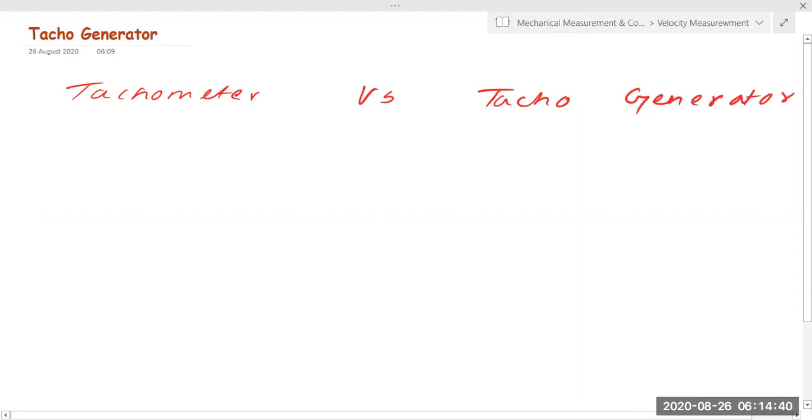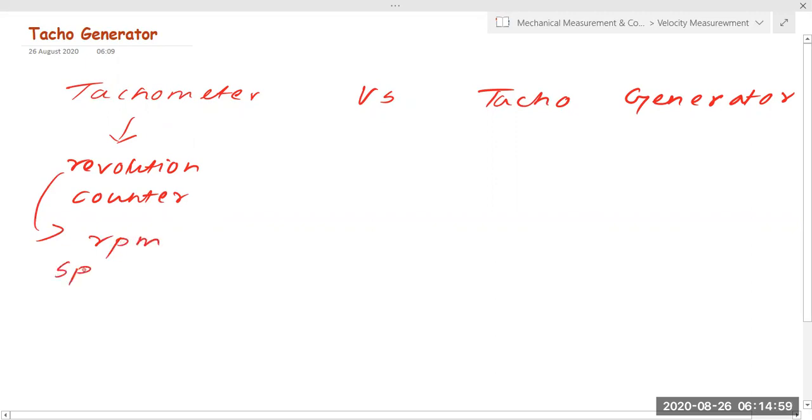When we say something is a tachometer, first of all, remember tacho is related to revolution, or you can even say counters. And when you say revolution, for us revolutions means rpm or speed.